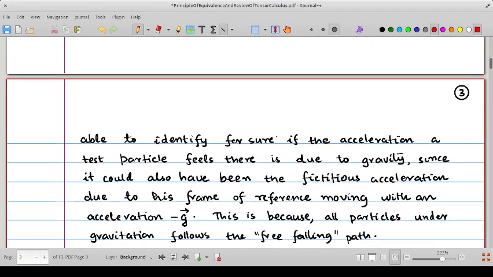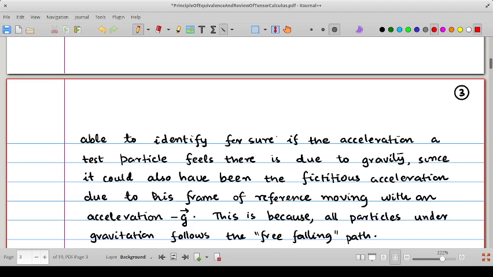So this is because in that region acceleration due to gravity is constant, g is constant, and therefore he will not be able to say whether this is because the frame of reference in which he is at rest is actually having an acceleration in a direction opposite to the acceleration due to gravity, or whether it is due to gravity.